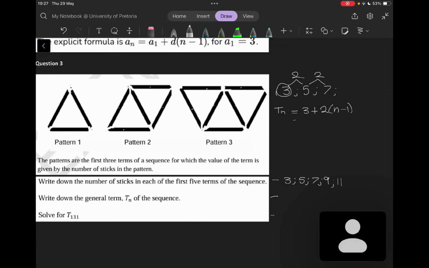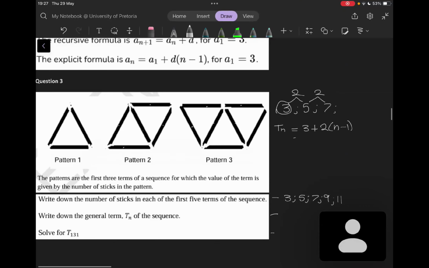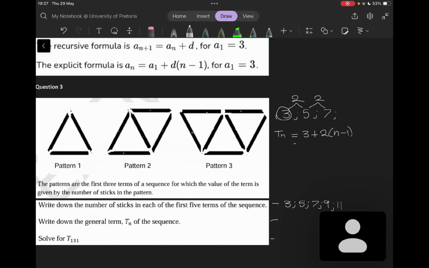Yes, sir, I'm sorry, but what if you wrote 2n plus 1? It's still okay. If you wrote 2n plus 1 as your rule for Tn, as your general term, if it works out, yes. 3 plus 2n minus 2, it's the same thing.